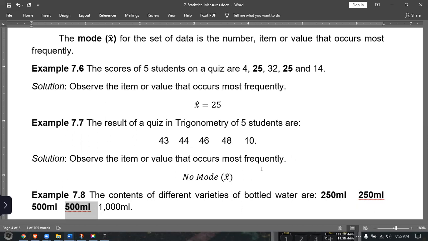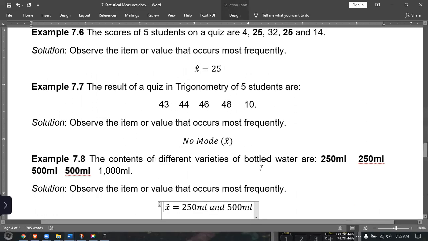It's also possible for a set of data to have two modes. 250 and 500 are our modes in this example.